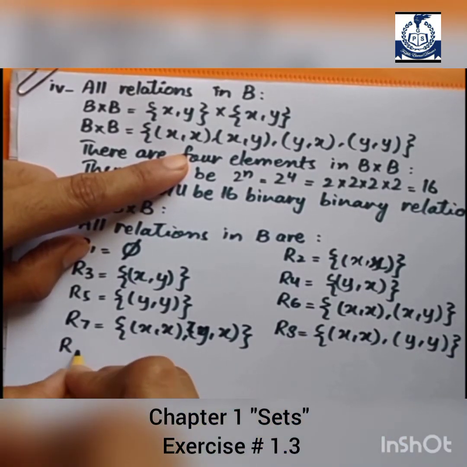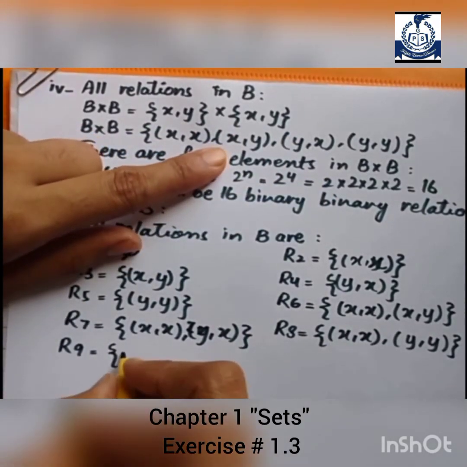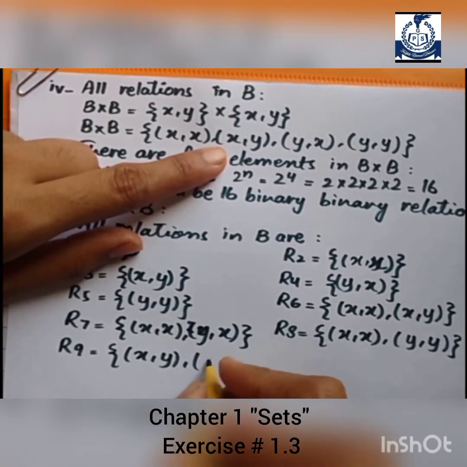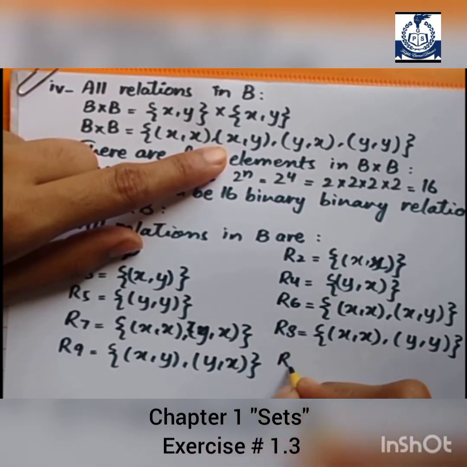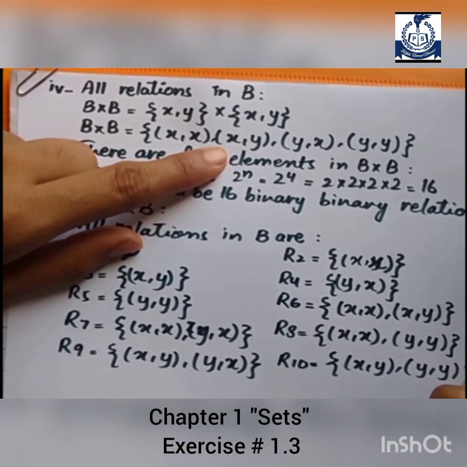So here we make R9, which is relation 9. Then we take (x, y), and now we pair it with (y, x). R10 is equal to (x, y), (y, y).